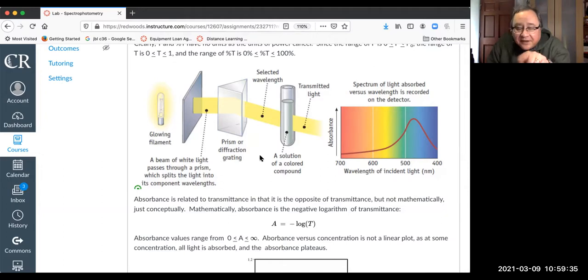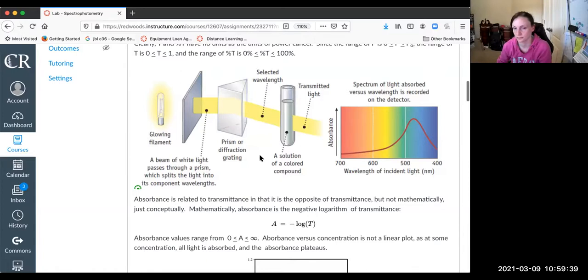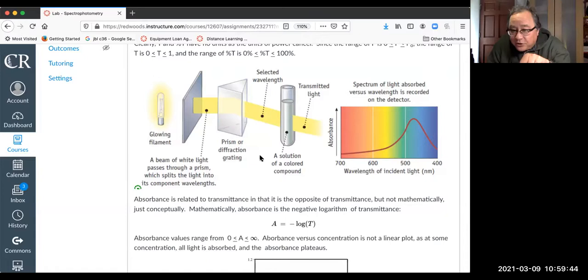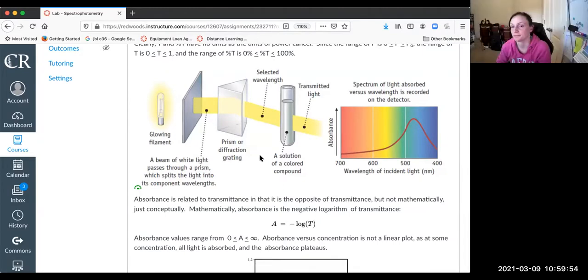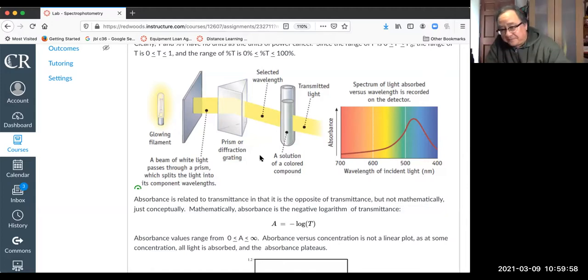But if you look at the 700 area, do you see what half is there, compared to the, we'll call it the 500 or the 450 area? So where the big peak is, that's around 480. If you halve that, do you see how the peak's going to drop quite a bit? But at 700, it only drops a little bit because there's only a little absorbance. Fair enough? Okay.